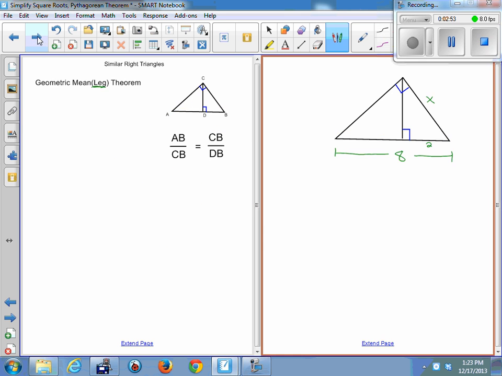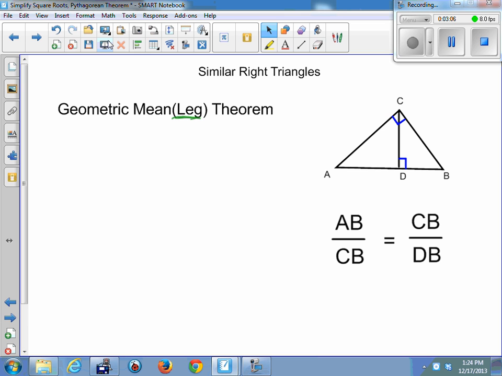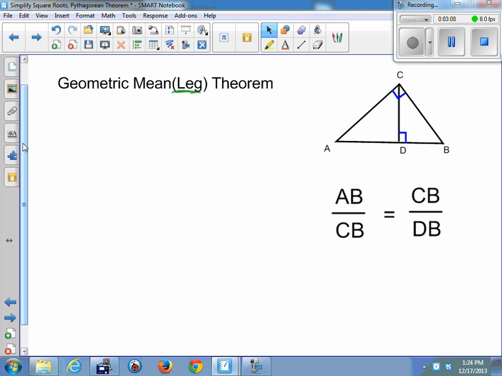The other one that we're going to deal with is geometric mean using the legs. So the legs is what we're going to talk about now. It's a little bit different. We're going to do the same kind of picture where we have the altitude coming from that 90 degrees.